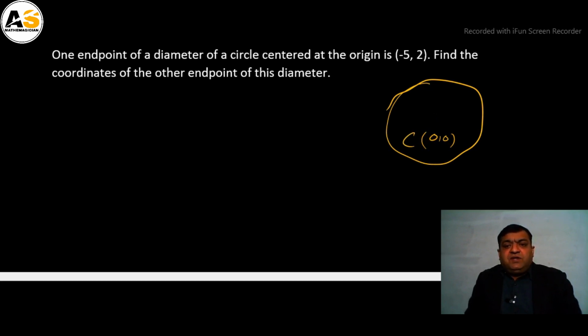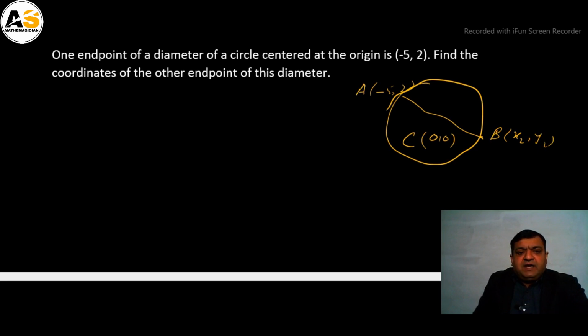One end of the diameter is (-5, 2). The diameter is this line which passes through the center. Center is (0, 0). One end of the diameter is (-5, 2), and we need to find the other end of the diameter. Let me call it B (x2, y2). Let this be A (-5, 2).